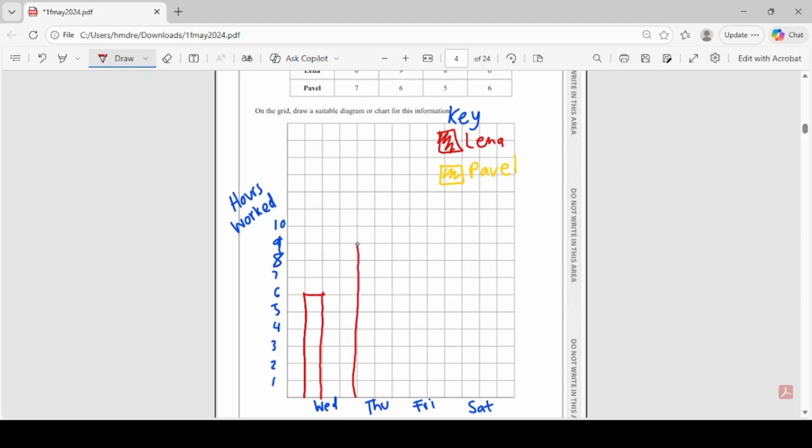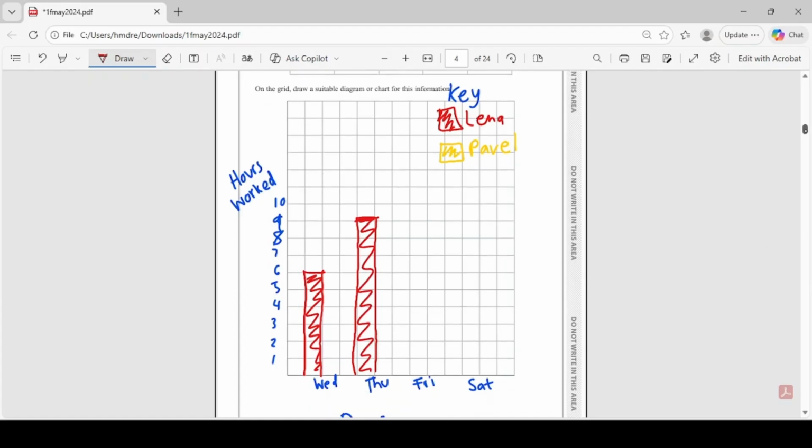Sorry, I don't have a ruler on when I'm drawing on the computer here, so it is a little bit skew. And then you kind of just shade it in a bit. And then what did she work the rest?